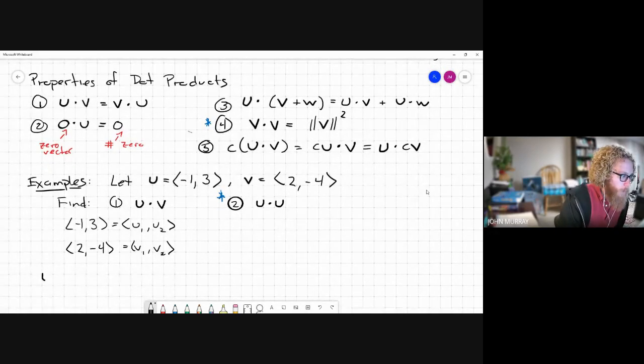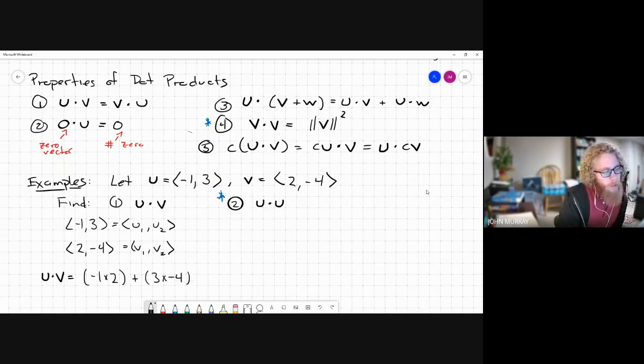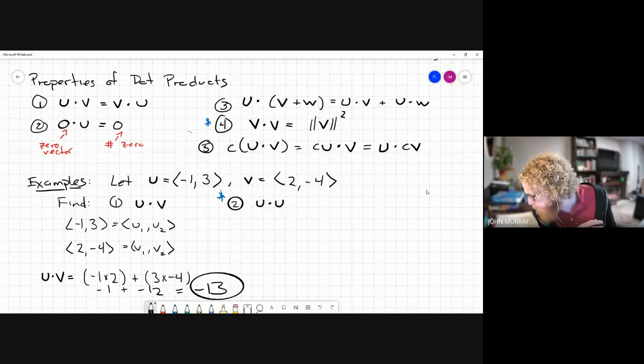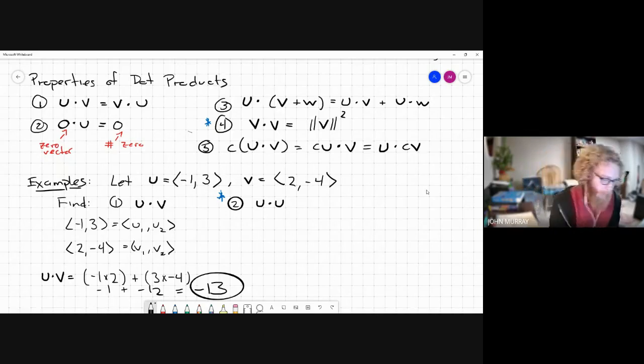All right, so u dot v is going to be -1 times 2 plus 3 times -4. Right? Then we just multiply and add. So I get -2 plus -12, which is -14.